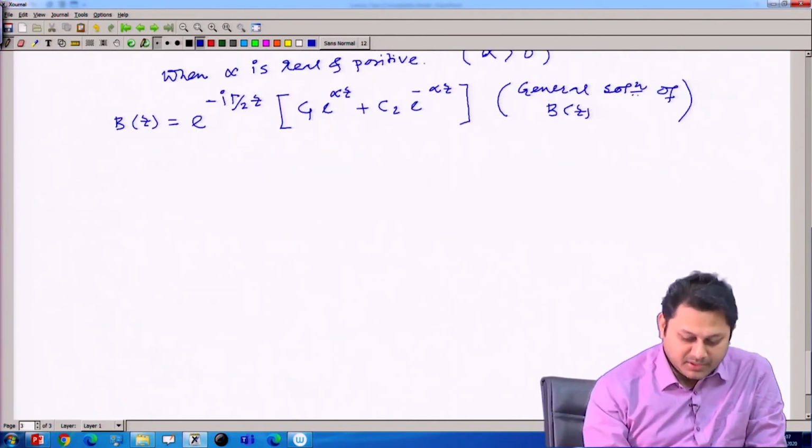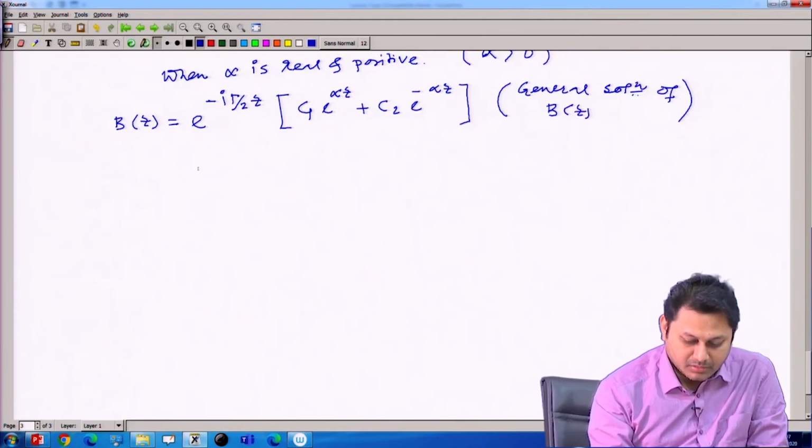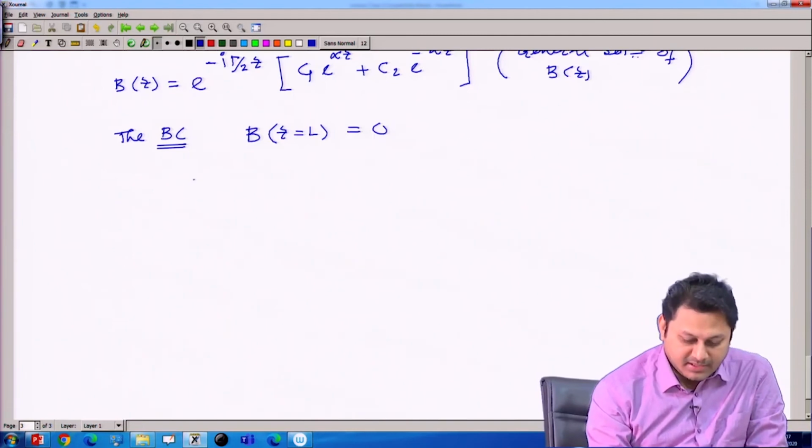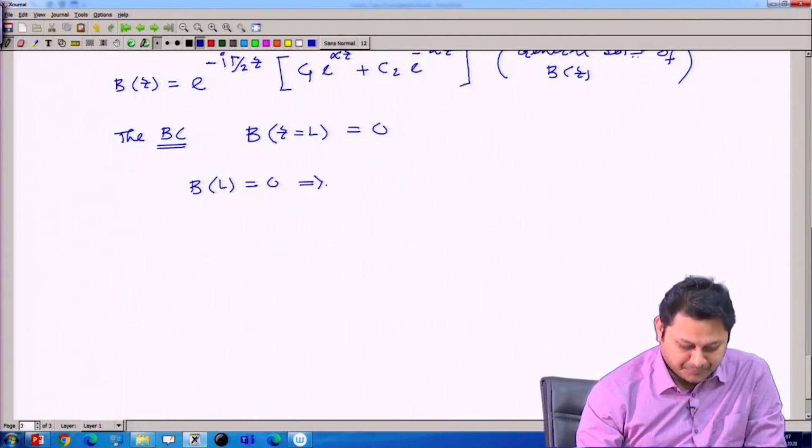Now again I am going to use the boundary condition. The boundary condition is B at z equal to L will be 0. So putting this boundary condition, B(L), which is 0, basically tells us C1 e to the power of alpha L plus C2 e to the power of minus alpha L is equal to 0.